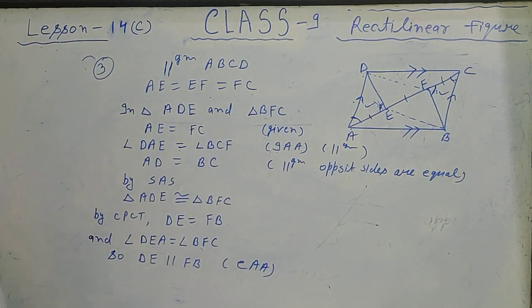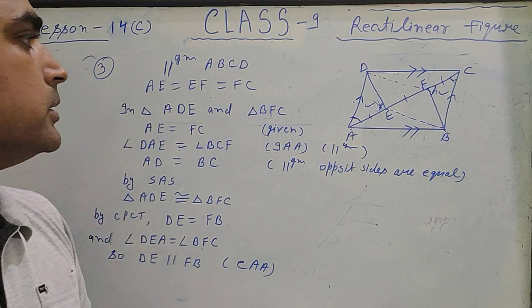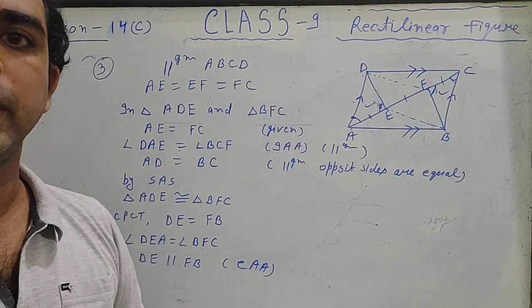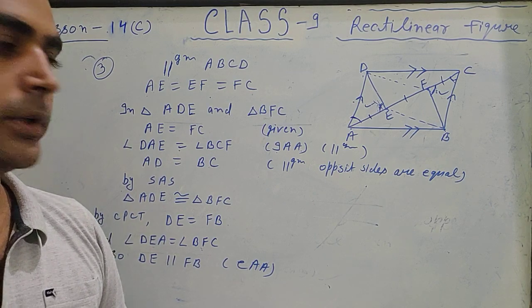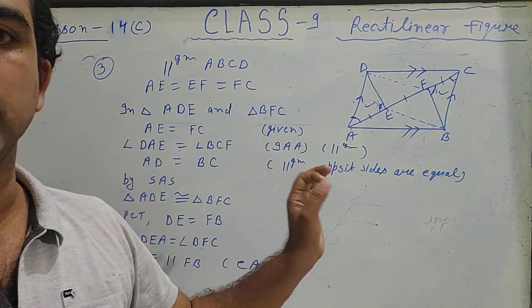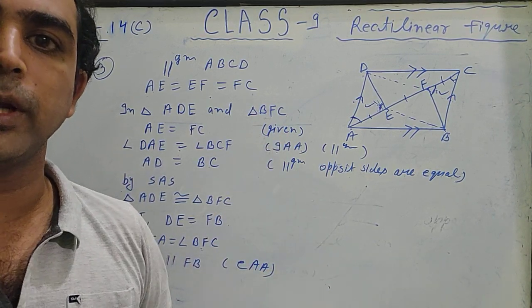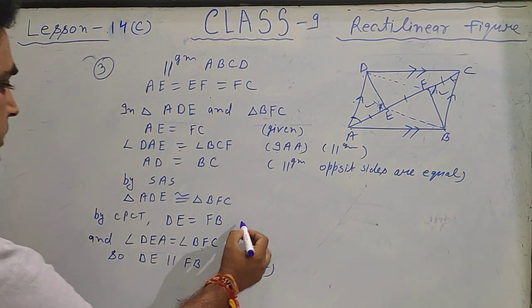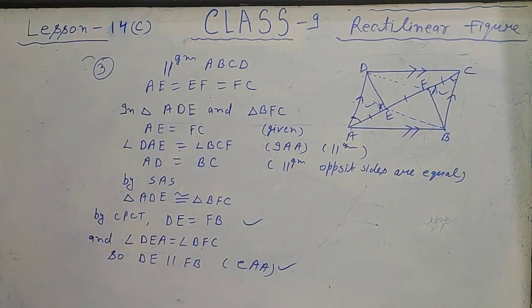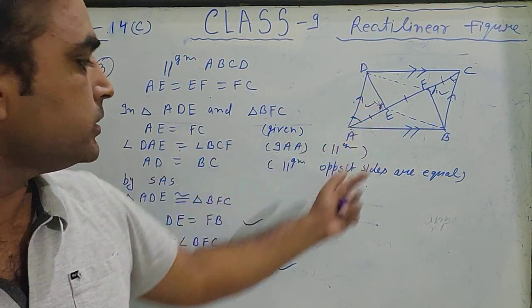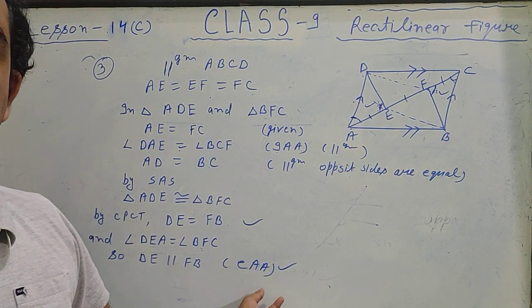DEBF is a parallelogram. So in the question number 1 we discussed that in a quadrilateral if one pair of opposite sides are equal and parallel then it will be a parallelogram. ये definition हमने अभी लर्न कराई क्वेश्चन नंबर 1 में. In the first part we proved that both lines are equal, and in the second part both lines are parallel.